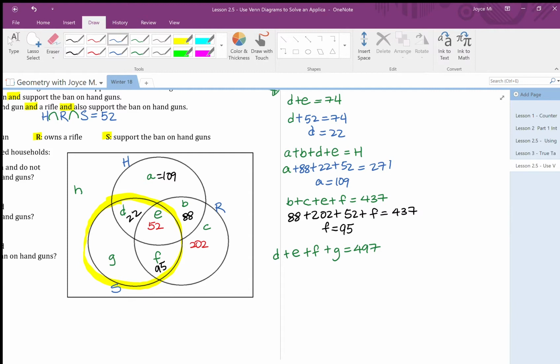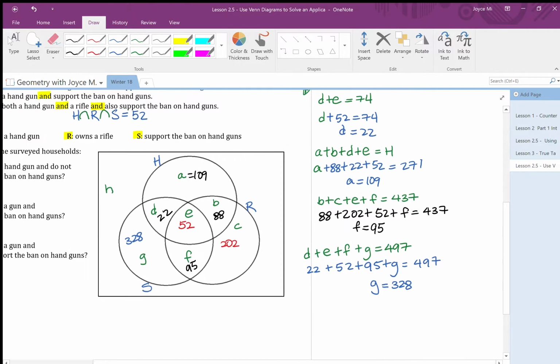Now it's a matter of substituting in and solving. So I have 22 plus 52 plus 95 plus G is going to give me 497. Subtract 497 minus 22 minus 52 minus 95. You should get G is equal to 328. So 328. Okay. Now we're almost done.